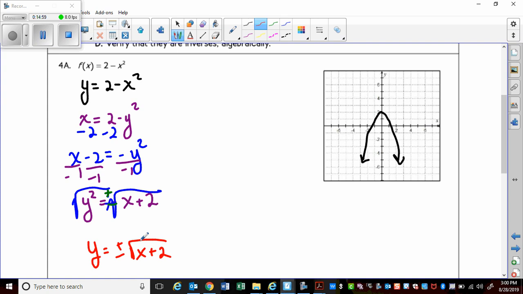So the square root of x usually starts right here and goes out. But because we have a plus 2, we're actually going to shift it. Remember, whatever's underneath the square root, we do the opposite of. So I actually forgot, this is a minus.